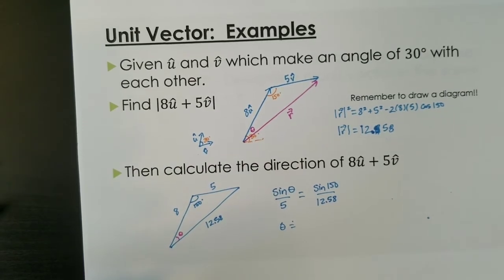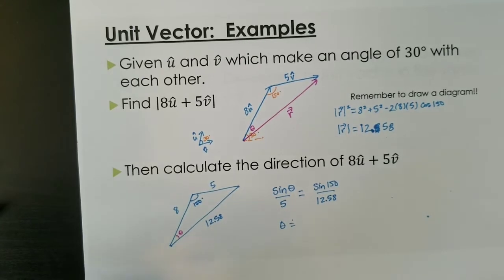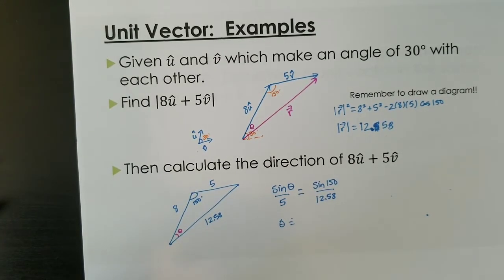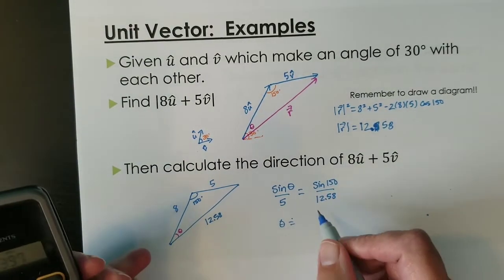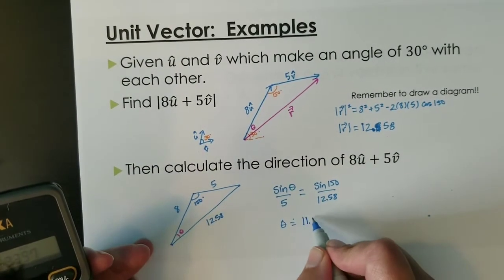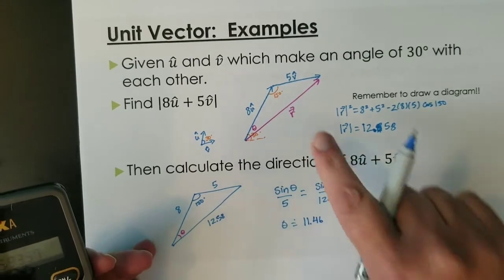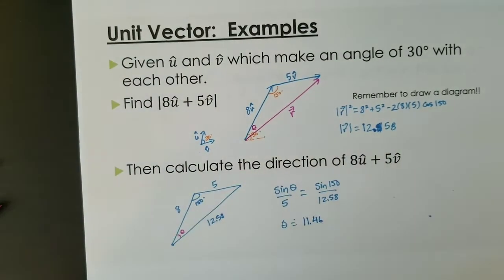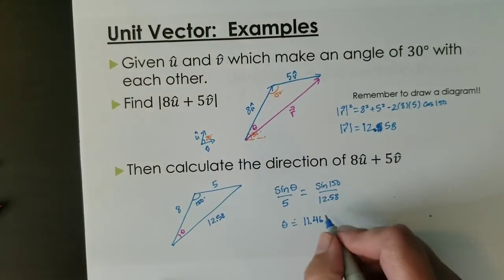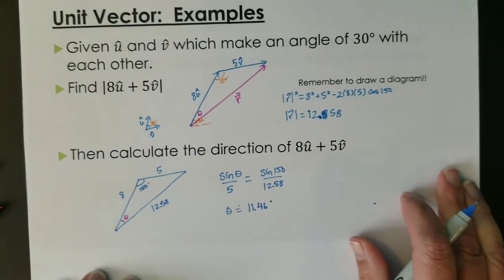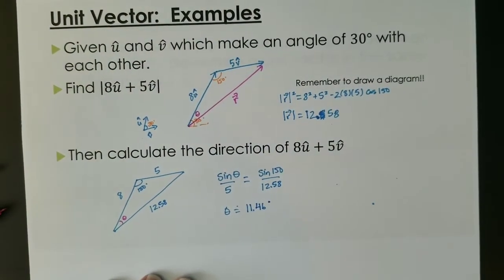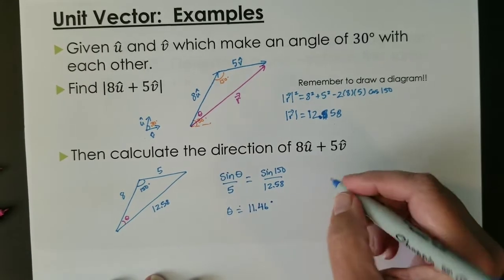I get a pretty tiny angle here, which makes sense, but it's about 11.46 because we have such a big angle there. This is going to be the smallest one. So 11.46 degrees. And we have to specify where that 11.46 degrees is.